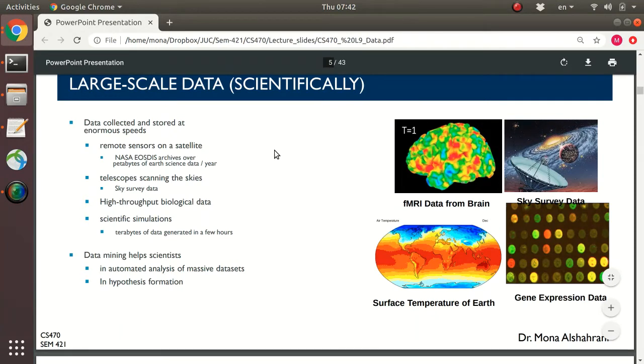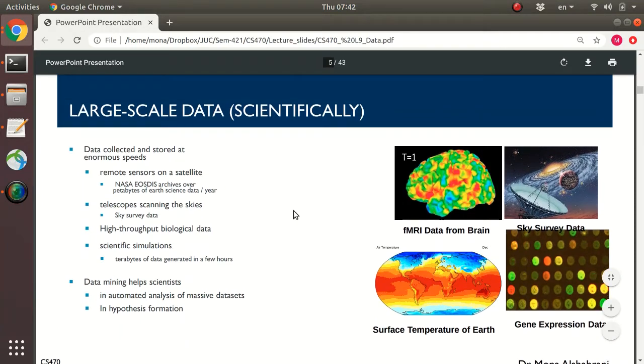Also, in several scientific disciplines, data is being generated at enormous speed. For example, NASA archives over petabytes of Earth science data per year. Telescopes scanning the skies also generate sky survey data.